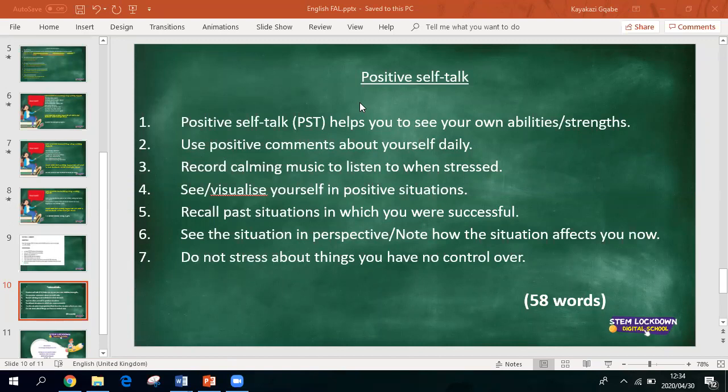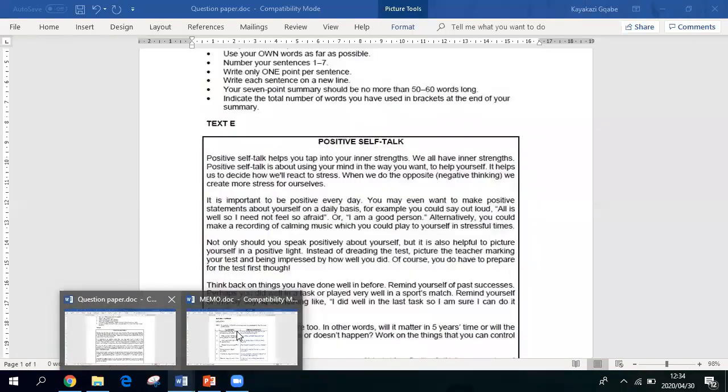By something like this, I don't mean for you to summarize it exactly how it has been summarized here, but I mean in terms of making sure that on top you have the title of the summary, and then you have your points from 1 to 7, and you have proper sentences with a full stop at the end. I just want to show you how this was summarized quickly.